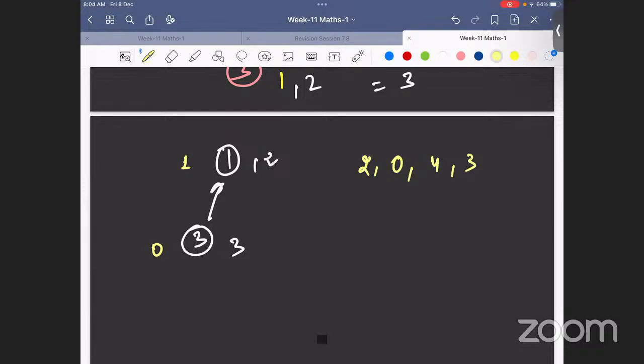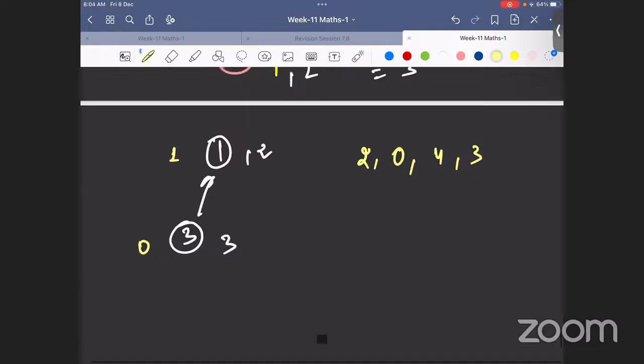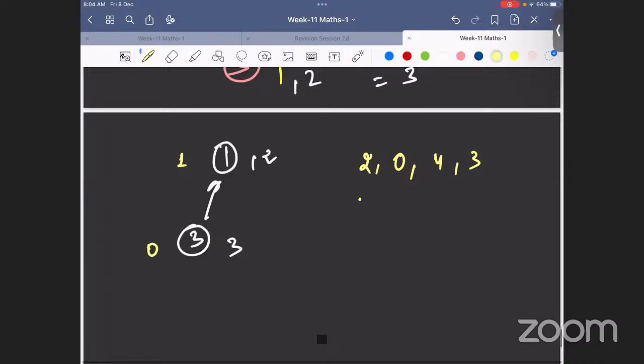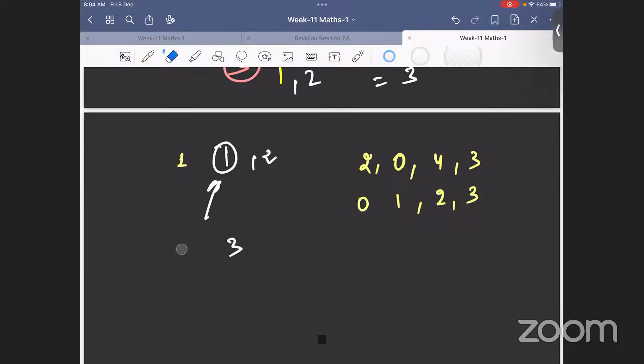What is the longest distance? LPT for 2 was 0, and for the others 0, 1, 2, 3. Correct. Now you can remove 3 from here, and you can remove this also. And now you can update the value of LPT of 1.